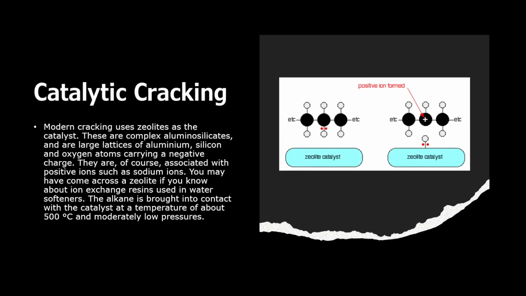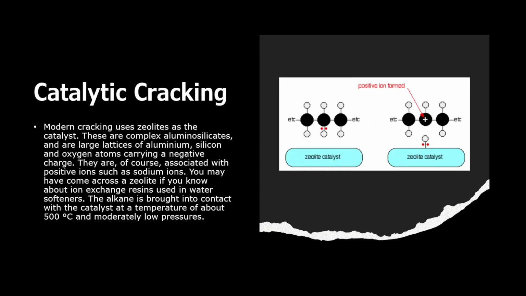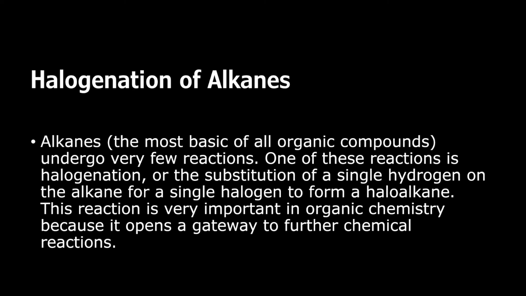But if they use zeolite or different types of catalysts, they don't require as much energy to break, and they don't require as much electricity. Therefore, it's going to be cheaper. So catalytic cracking is much cheaper than thermal cracking. That's one thing to know, and they will ask stuff like that on the paper too. You will be going through all of Unit 2 and wonder why they are asking you questions about economics. It is important.